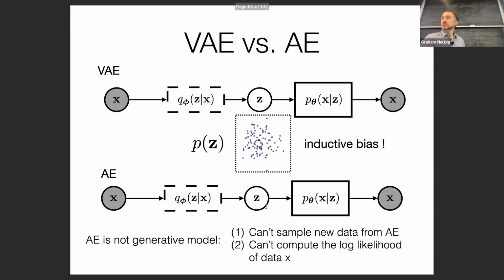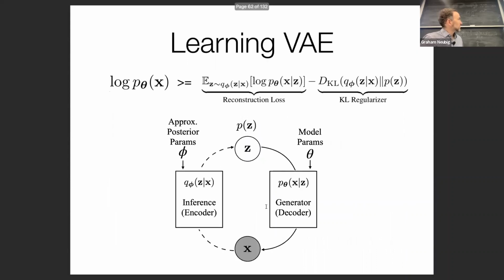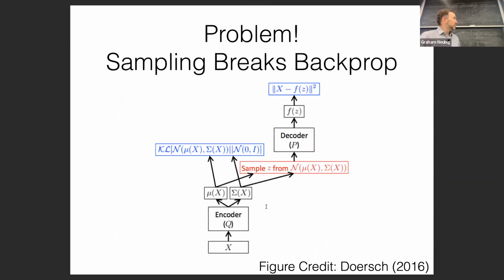Are there any clarifications? Okay, cool. So how do we learn this model? One problem is that if we learn this model in the most straightforward way, we would have trouble because we need to do sampling within the model.